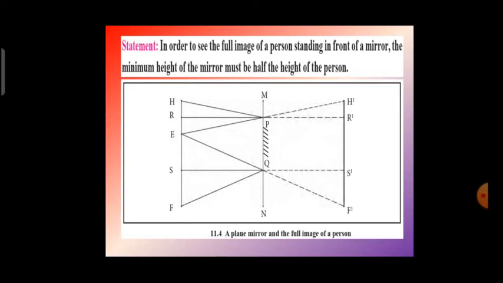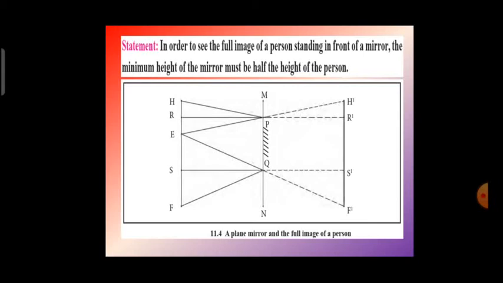The mirror PQ is at a height of NQ from the ground and is perpendicular to it. PQ is the minimum height of the mirror in order to obtain the full image of the person. RP and QS must be perpendicular to the mirror. Find out why by studying the figure.